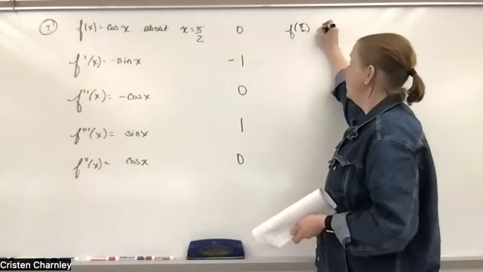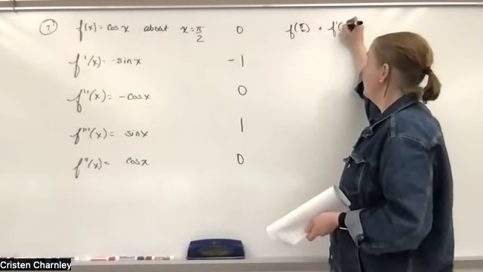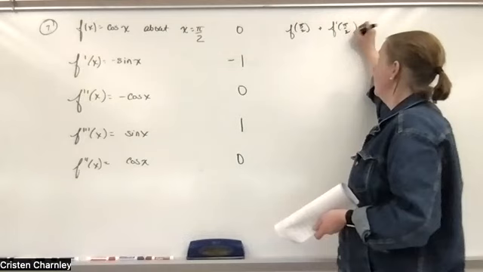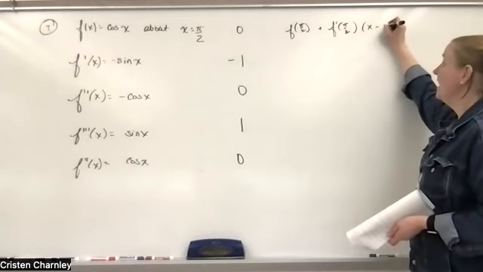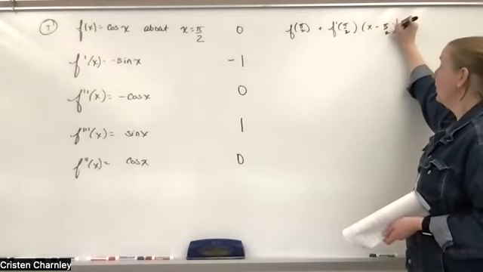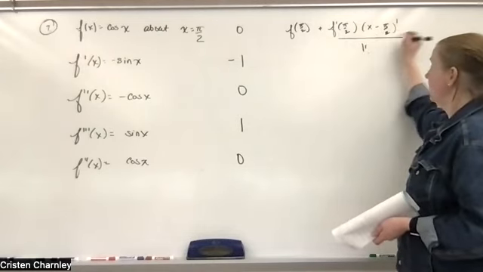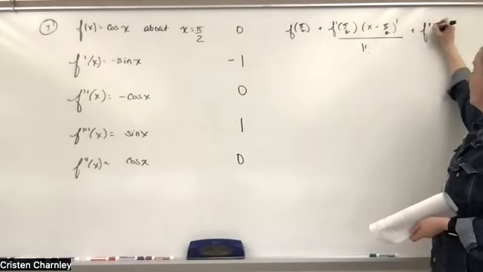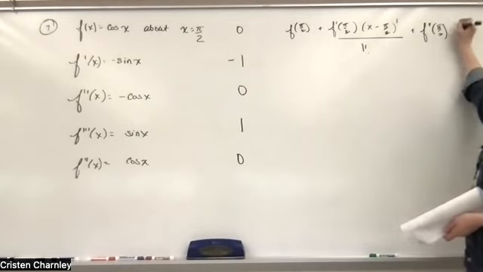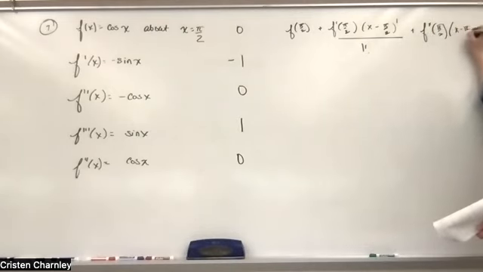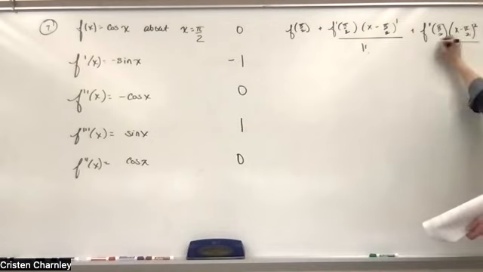So it's f of pi/2 plus the first derivative at pi/2 times x minus pi/2 to the first over 1 factorial plus the second derivative at pi/2 times x minus pi/2 squared over 2 factorial. Dot, dot.